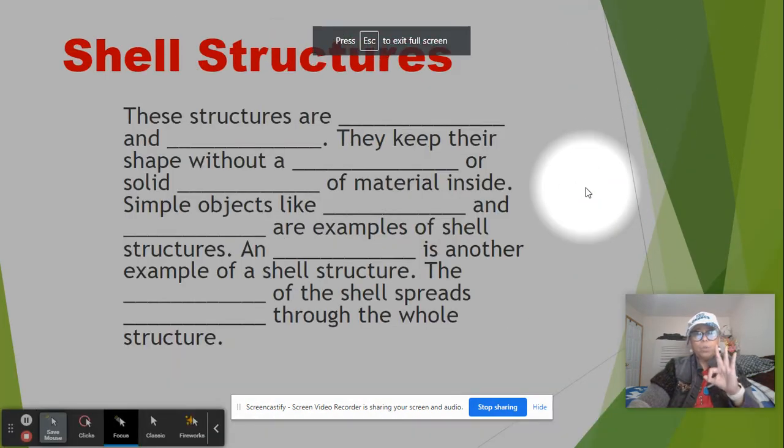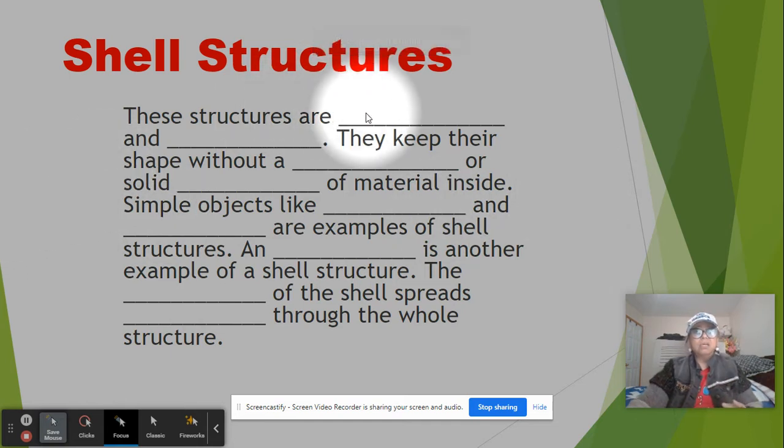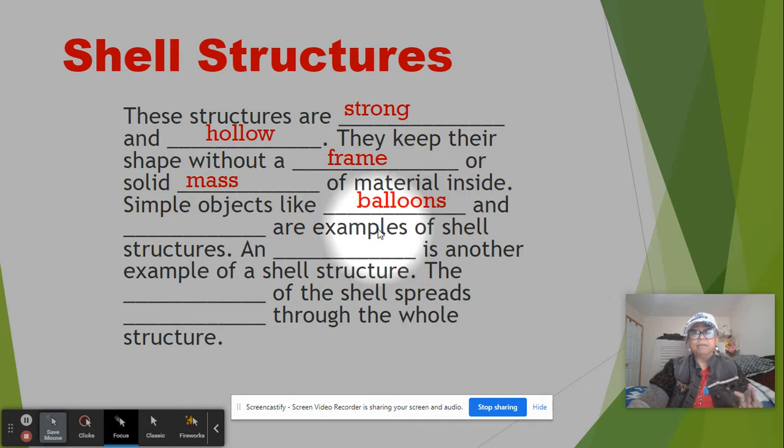Now, the third one, shell structures. These structures are strong and hollow, meaning empty space inside. They keep their shape without a frame or solid mass of material inside. Simple objects like balloons and bottles are examples of shell structures. An egg is another example.